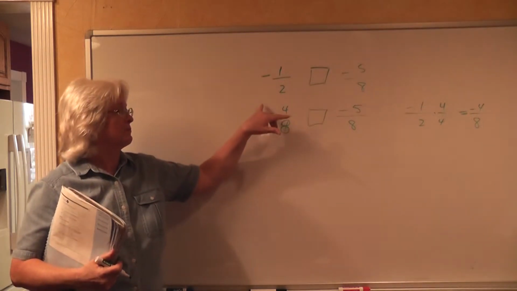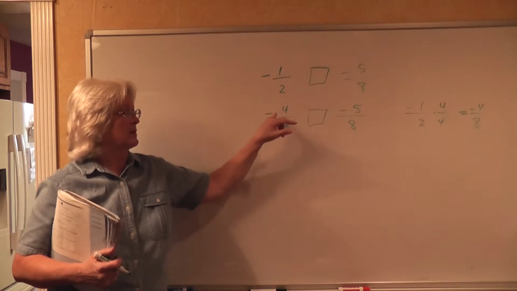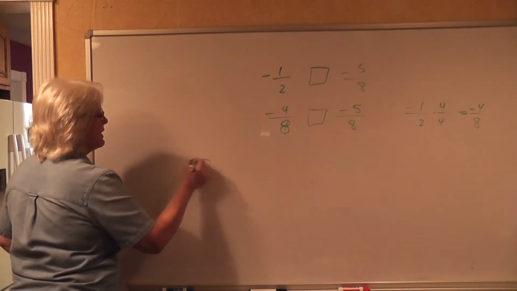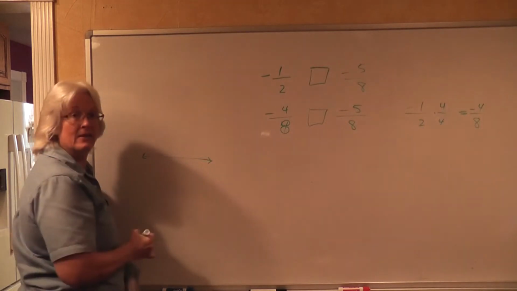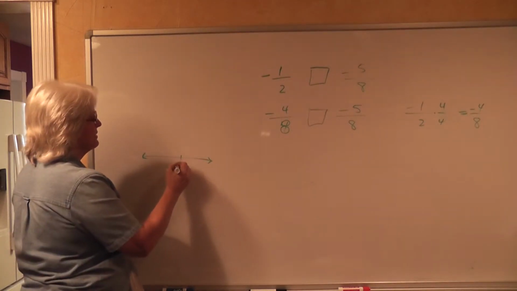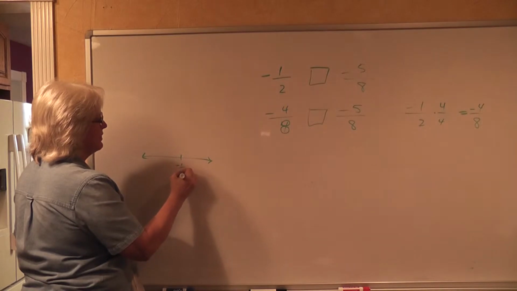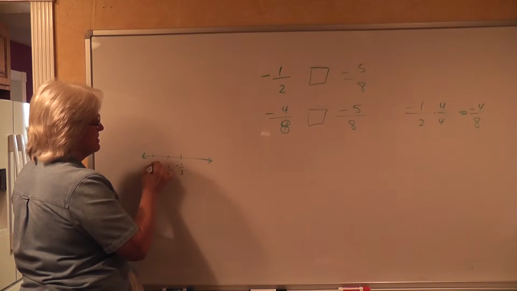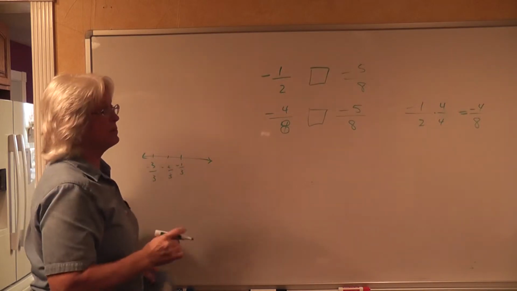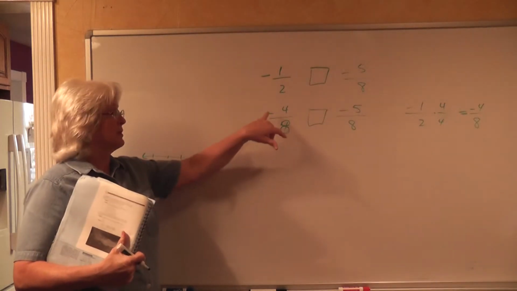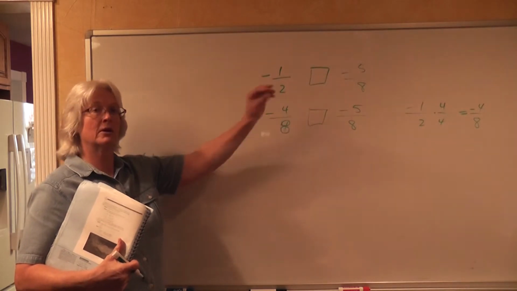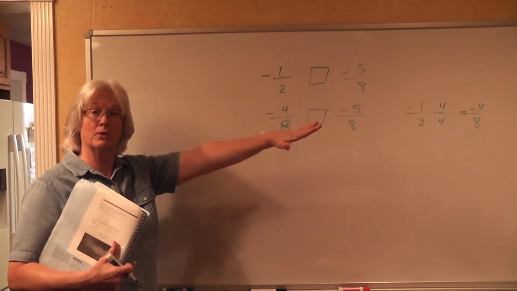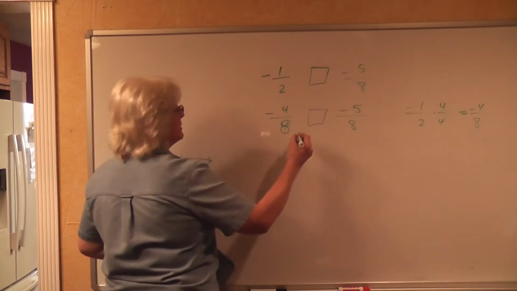Because you have to realize that when we're working with negative numbers, that's why they had us do that number line: negative 1/3, negative 2/3, negative 3/3, which is equal to negative 1. Okay, the smaller the negative number, the larger it is because it's further to the right on the number line.